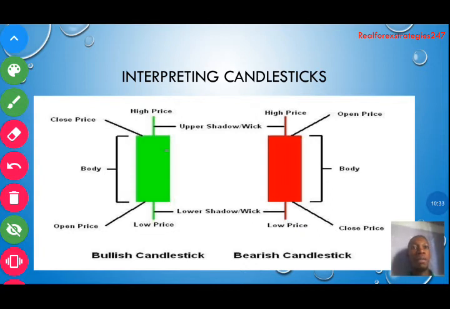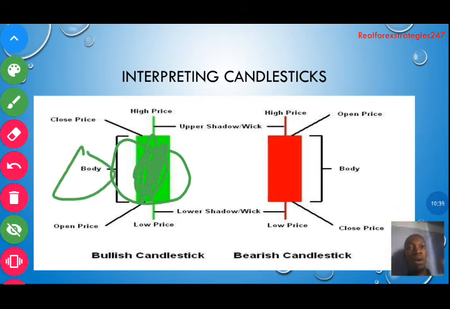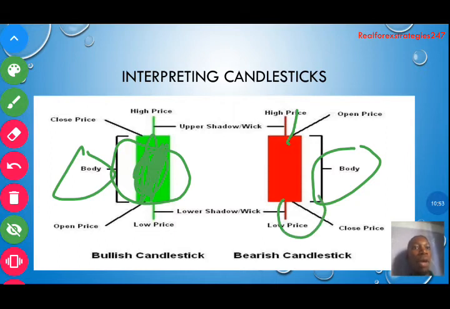Now the large part of the candlestick is called the body. That is the candlestick body, the real body, even with the bearish. And the little thread-like looking stuff are called wicks, or lower shadow or upper shadow. So that's how we name them.